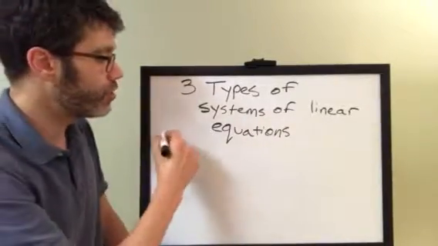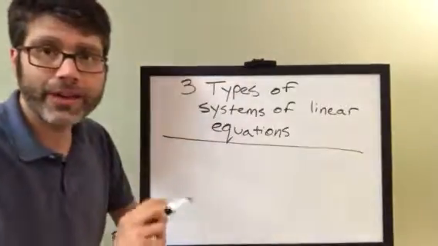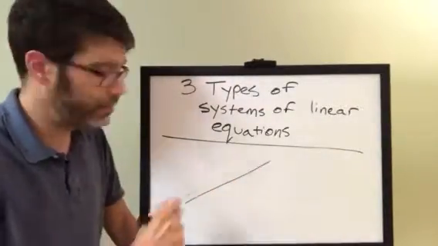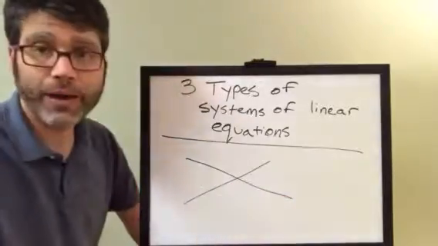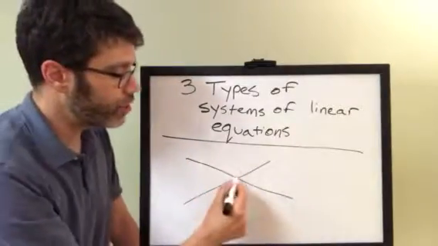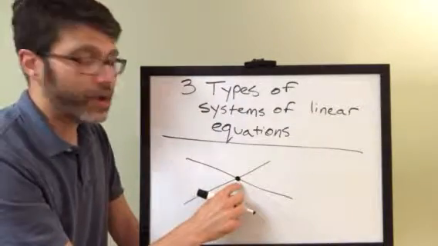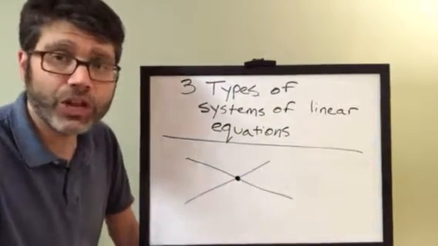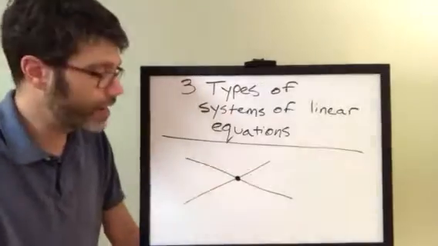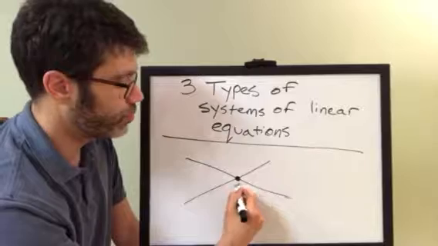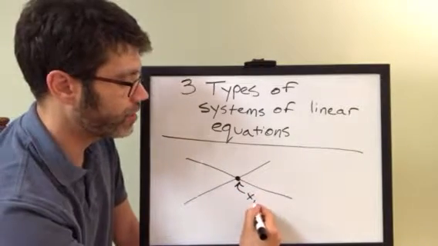All right. So the first scenario that we have is when we have two straight lines that cross at one particular point. So if these two lines cross at one point, that means they share a common solution. When they share a common solution at this point right here, let's call this x comma y.